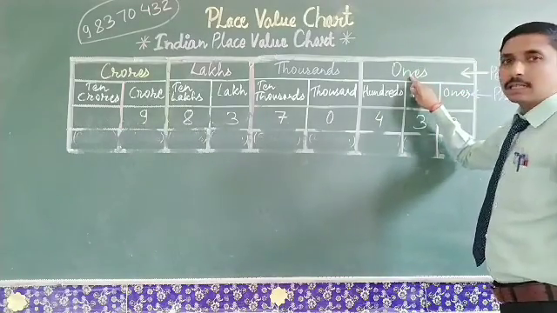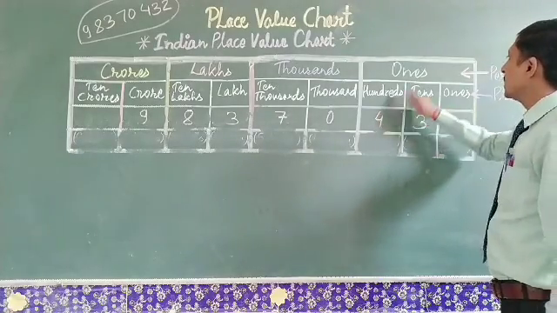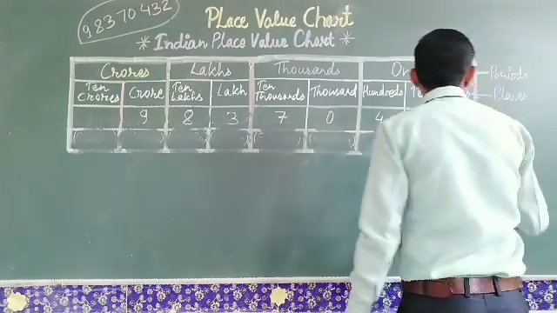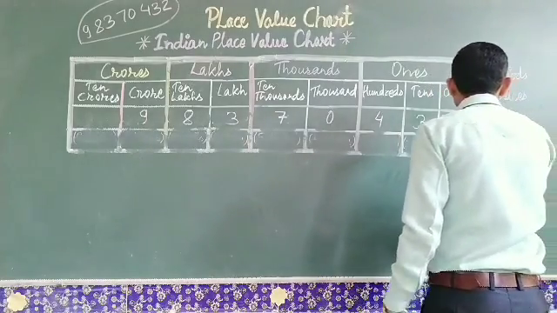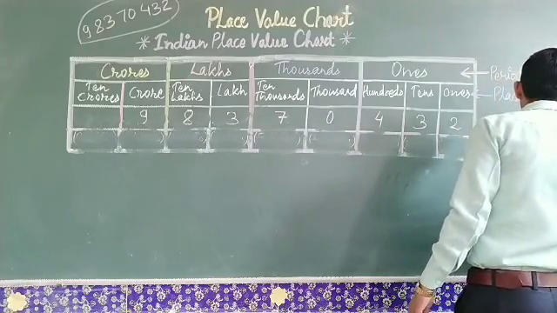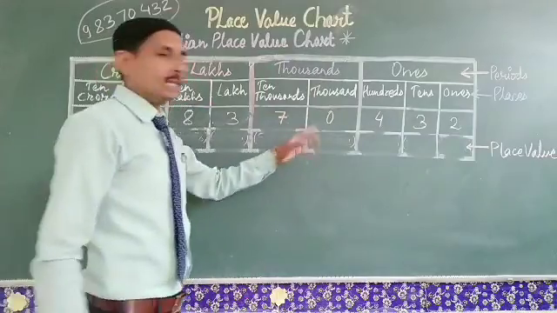The ones period contains three places, that is ones, tens and hundreds. So the place of 2 is ones, and here you see the place value.